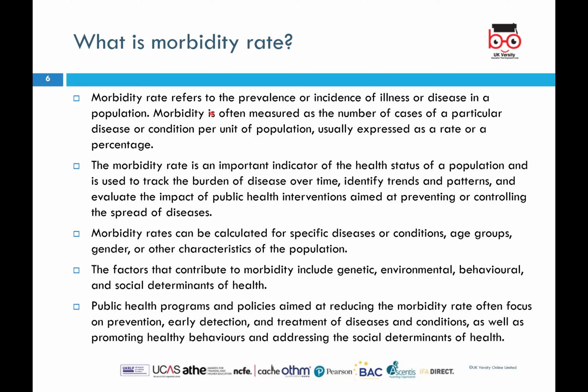So for instance, there might be very little incidence of COVID-19 now. But if I look at 2020, there were many new cases of COVID-19. But if I want to see how many cases happened from 2019 to 2021, I will see prevalent cases.